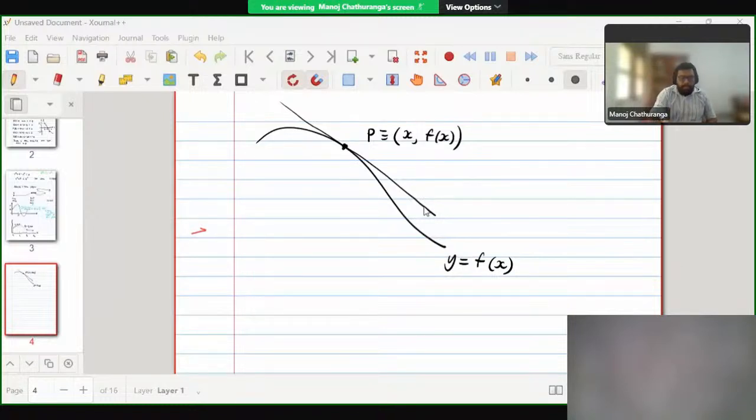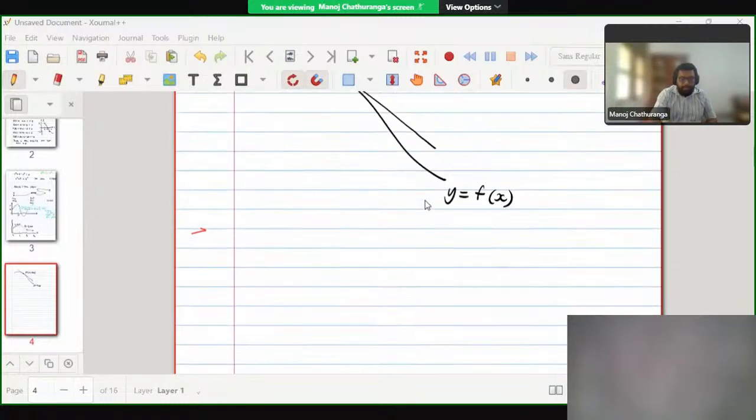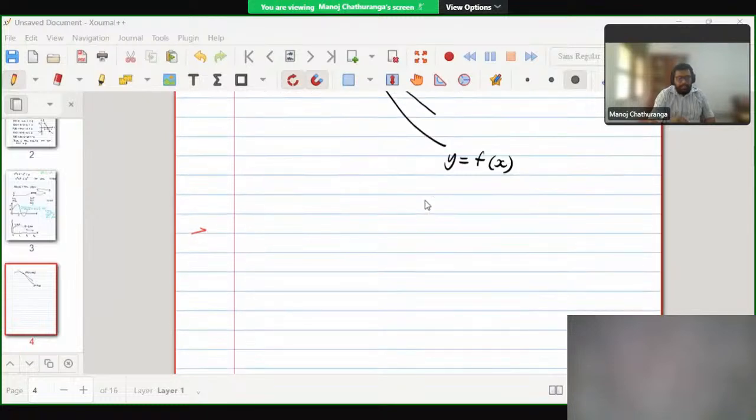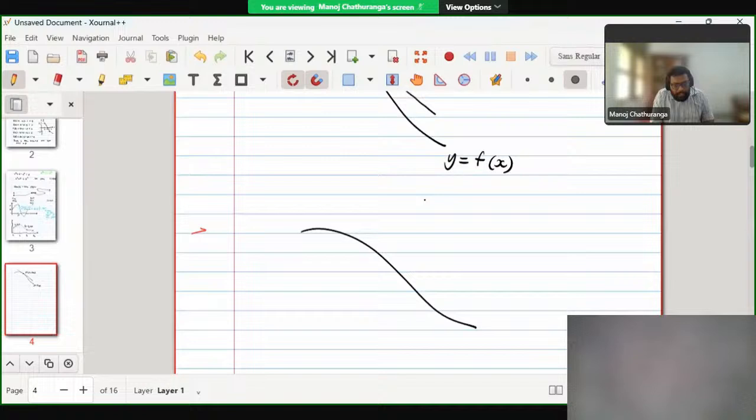So what they did was, instead of taking a single point, they took the curve. Let's say they want to know the tangent line at this point, x, f of x. They took a neighboring point on the curve, let's say this point over here.